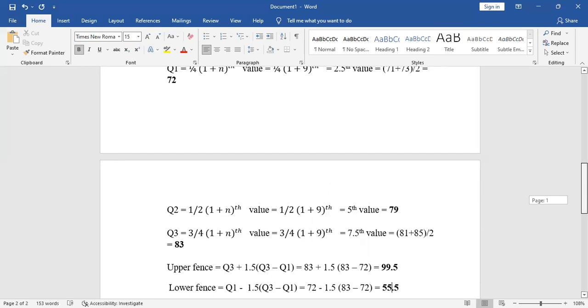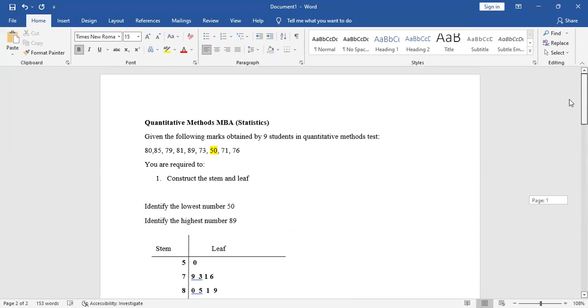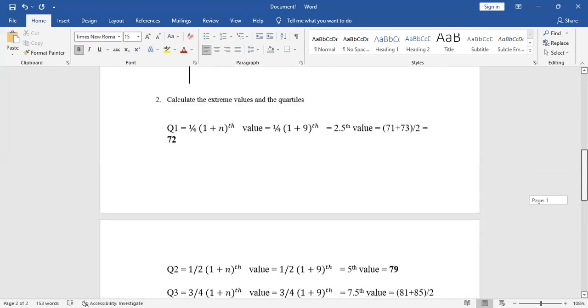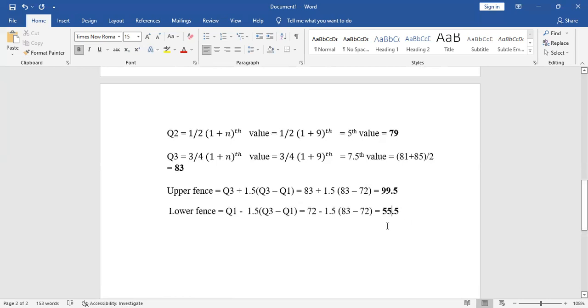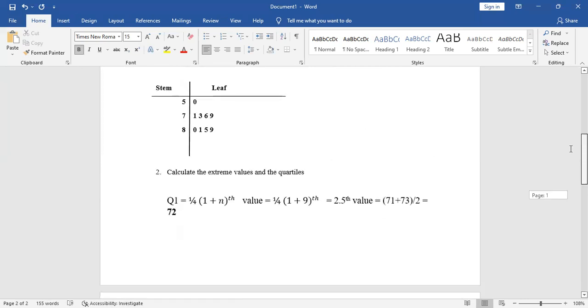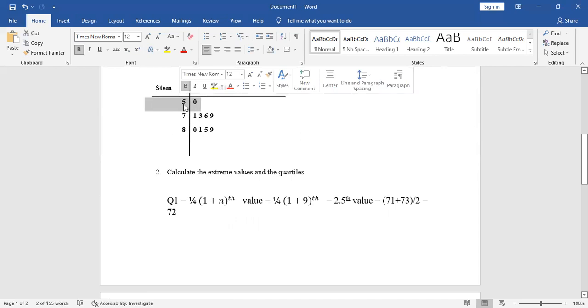Then I'm done with the question as per requirement, but sometimes the examiner can ask you whether there are outliers in this data or not. So let's check if there are outliers. Is there a number which is lower than the lower fence? Yes, the lower fence is 55.5. So there is a number which is below the lower fence, which is 50 here.